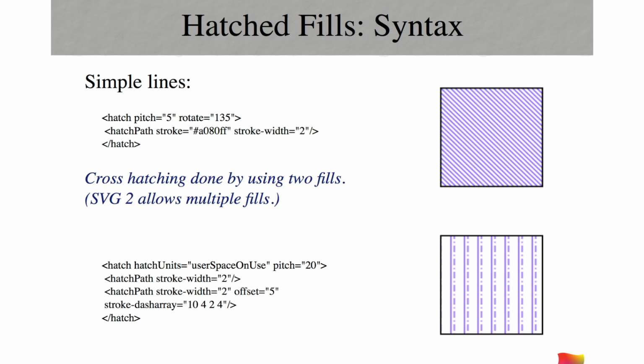So here is an example of how you define a hatch. You can very simply define an offset, and then you get straight lines. You can control the angle. You can have more complicated patterns. You can use dashes on one line.